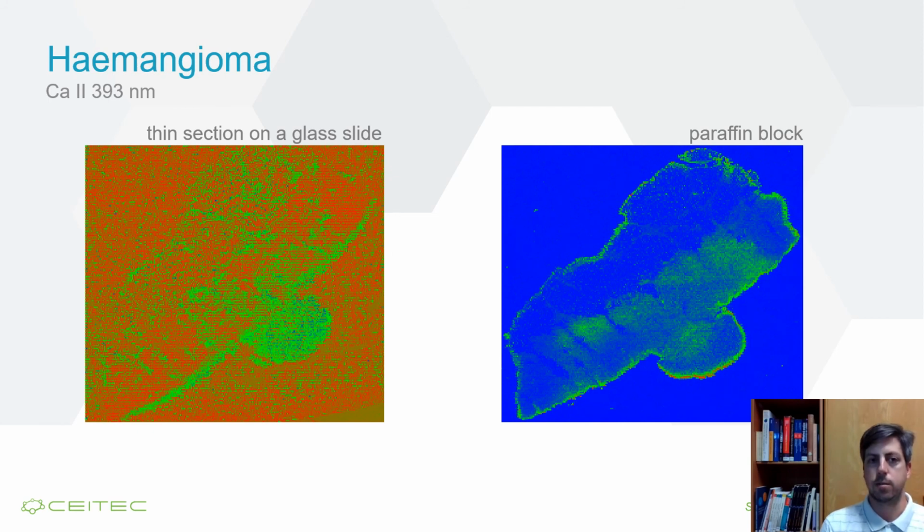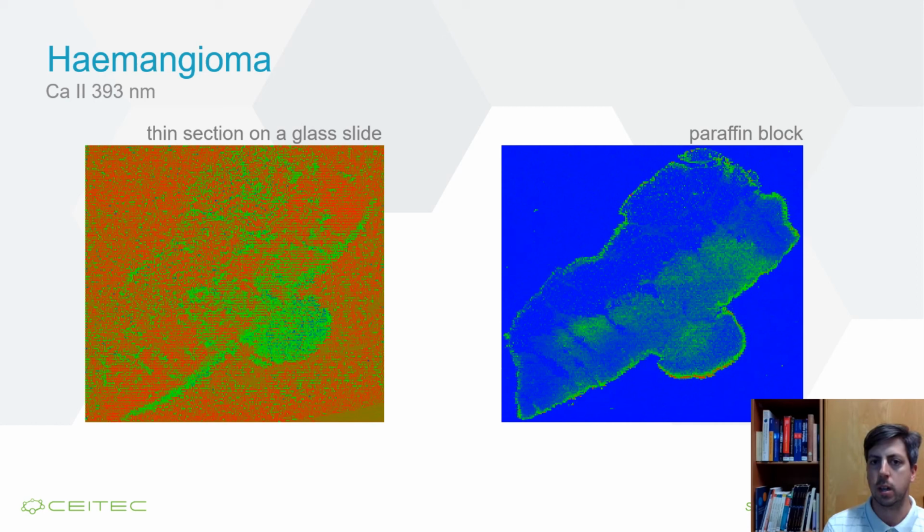So far we were just analyzing murine kidneys, and we were able to optimize the system accordingly. So we were analyzing thin sections and paraffin blocks, and now we can move to something much more interesting, the analysis of Haemangioma.